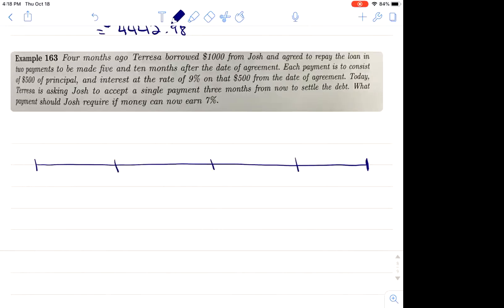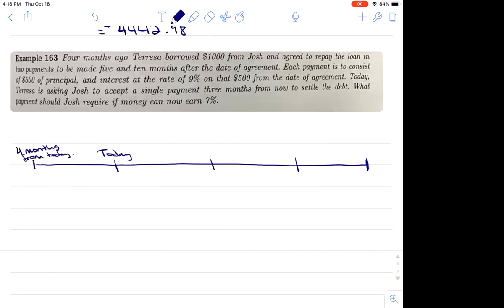So 4 months ago, I'm going to start out here. I know this is my first tick, 4 months ago, or maybe I'll say from today. And then, let's gamble and say the next tick is today.